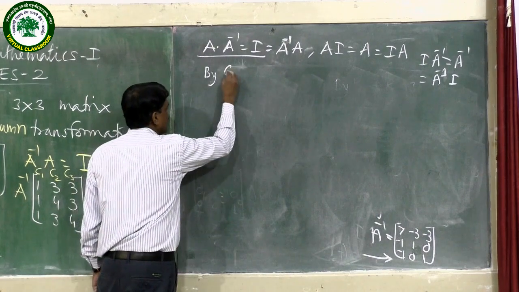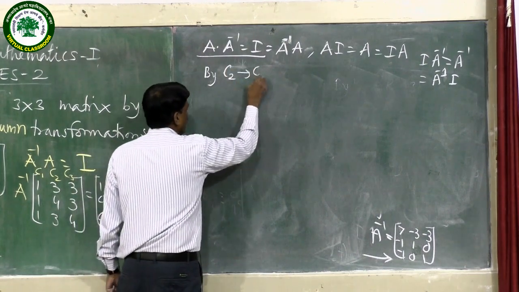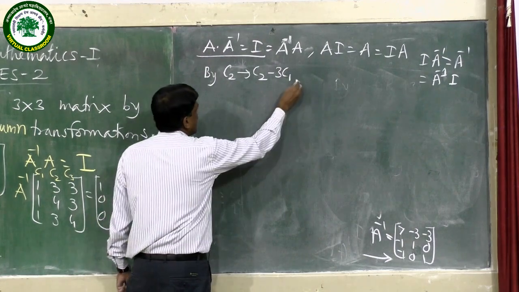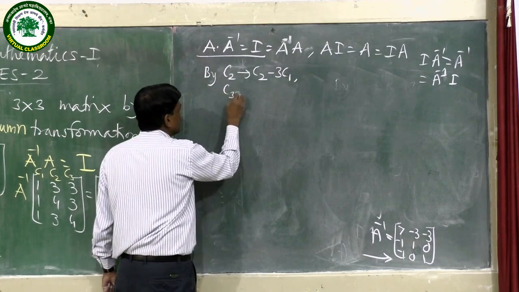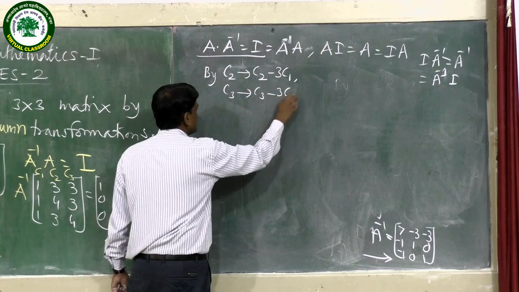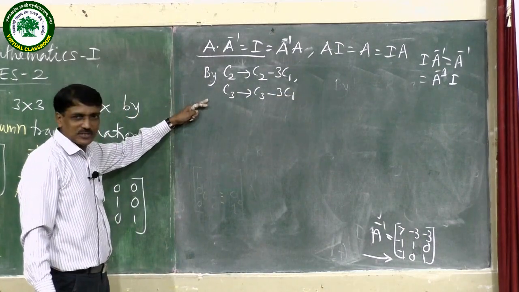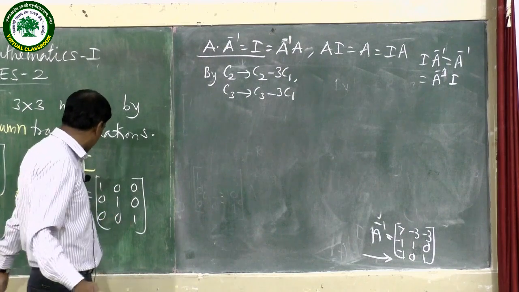So C2 becomes C2 minus 3C1 and C3 becomes C3 minus 3C1. Using these two column operations at the same time, let us check what happens.